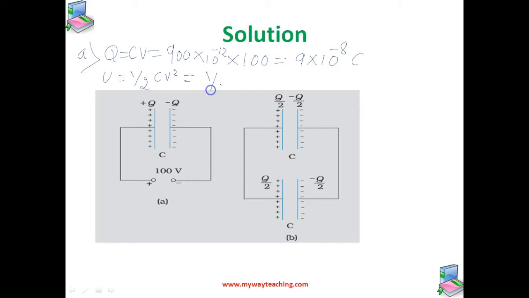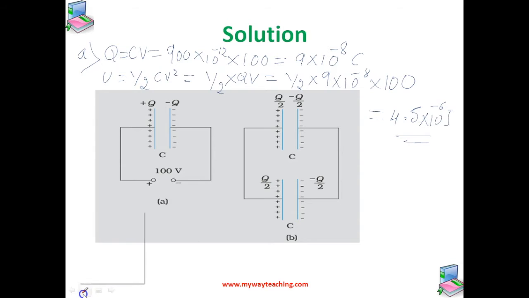Here we know C and we know V. We can use another equation also, 1/2 into Q into V. Just now we calculated Q and we know V. So this gives the energy as 4.5 into 10 raised to minus 6 joules. So this is the first part.